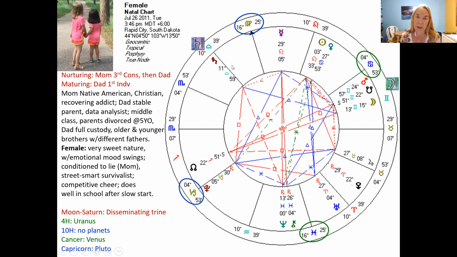There are no planets in the 10th. We have Cancer on the 8th house cusp, and we have Venus in Cancer. We have Capricorn on the 2nd house cusp, and we have Pluto in Capricorn generation, as all 3 of these are as well.